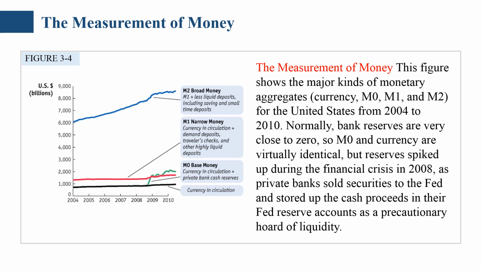But reserves spiked up during the financial crisis in 2008 as private banks sold securities to the Fed and stored up the cash proceeds in their Fed reserve accounts as a precautionary hoard of liquidity.